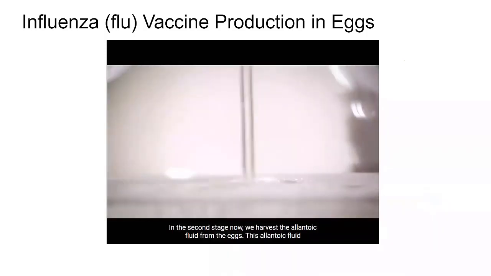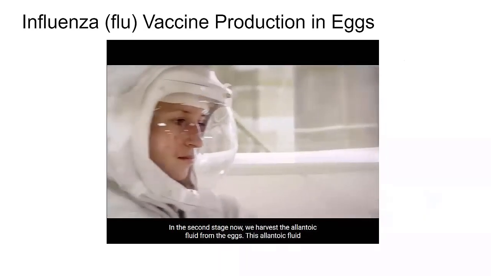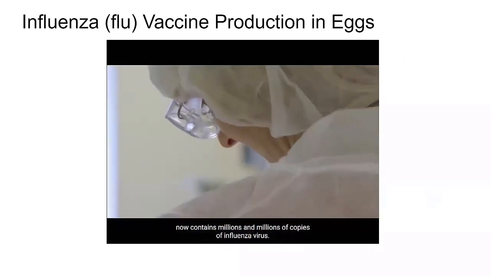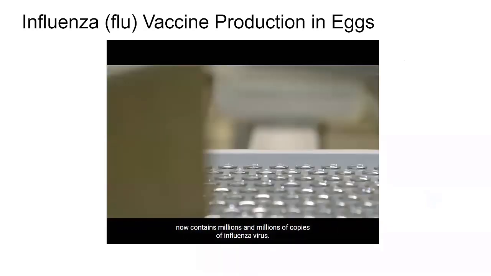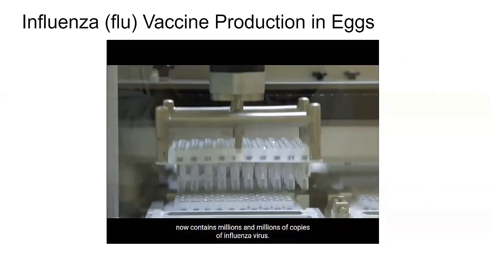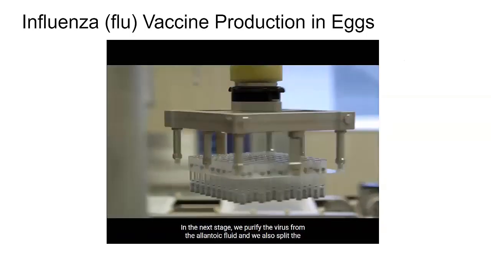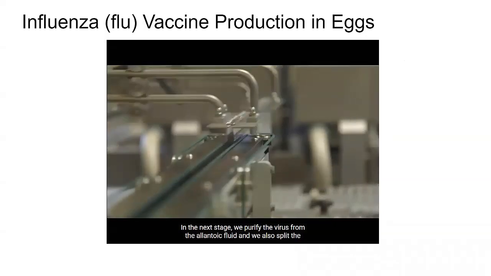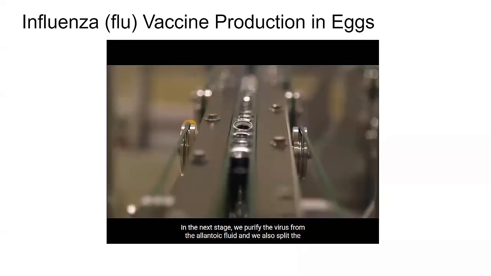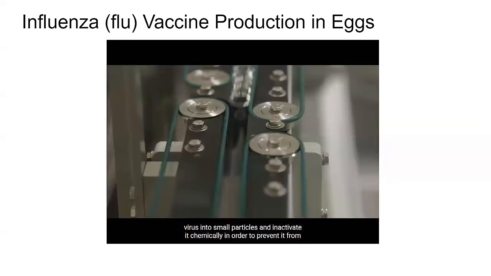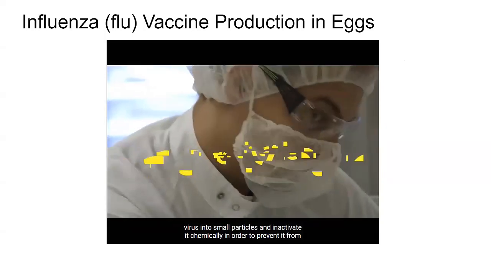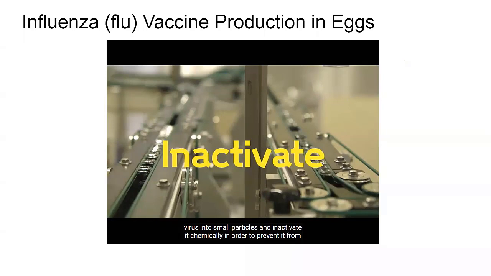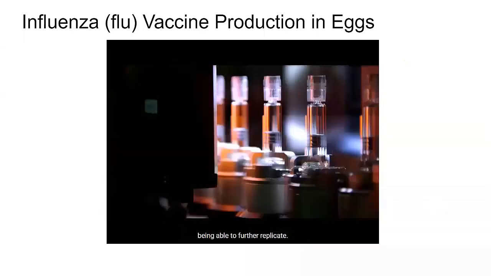In the second stage now, we harvest the allantoic fluid from the eggs. This allantoic fluid now contains millions and millions of copies of influenza virus. In the next stage, we purify the virus from the allantoic fluid, and we also split the virus into small particles and inactivate it chemically in order to prevent it from being able to further replicate.